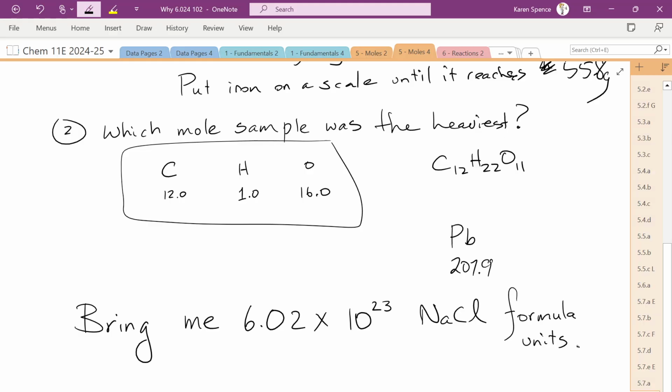So you can just take some of the salt with you. Otherwise we'll run out of salt. You don't need all of that. Just take some in a beaker. And once you have 6.02 times 10 to the 23 sodium chloride formula units, you're going to bring it to me and I'll check it for you. Okay?